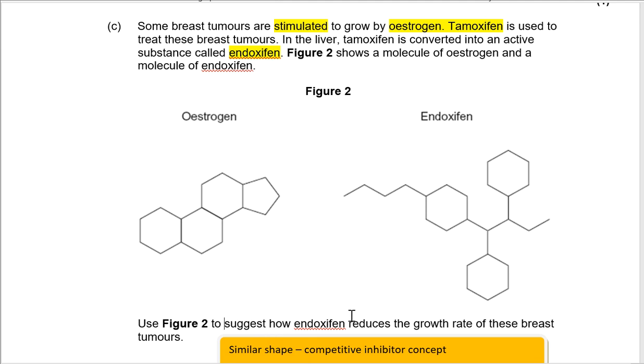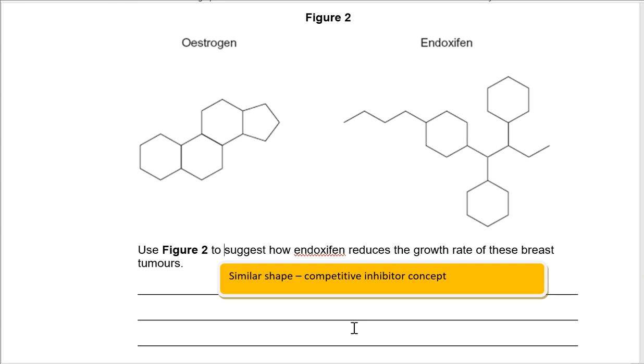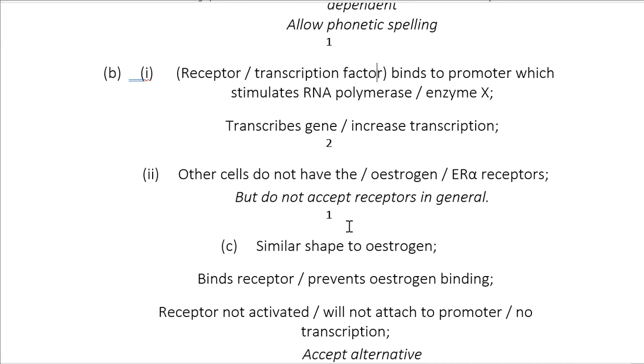Why do you think this medication will reduce the action of estrogen and reduce the growth rate of breast tumors? Again, it's the same concept, similar shape, competitive inhibitor concept. Have a think, and this is our answer.